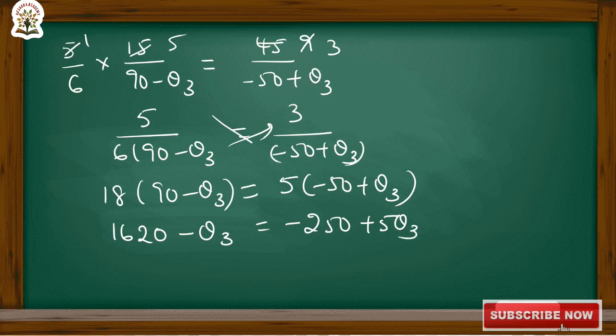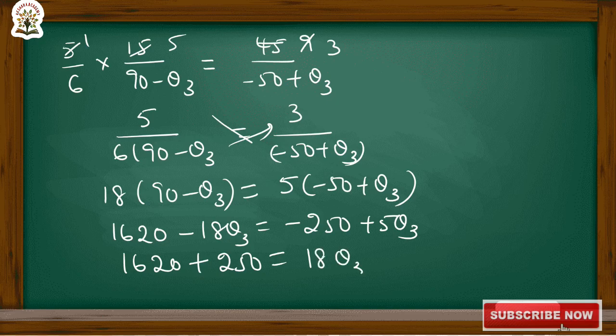Here 18 nines are 162, here minus 18 theta 3. So 18 theta 3, 1620 plus 250 is equal to, minus will become plus, 18 theta 3 plus 5 theta 3.